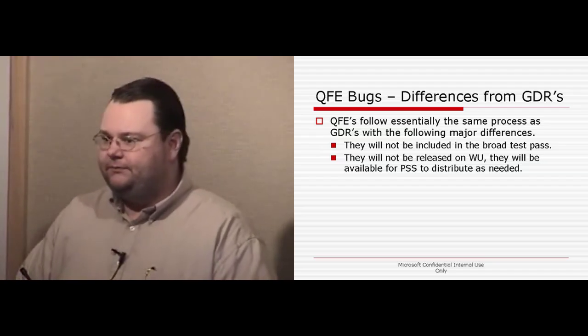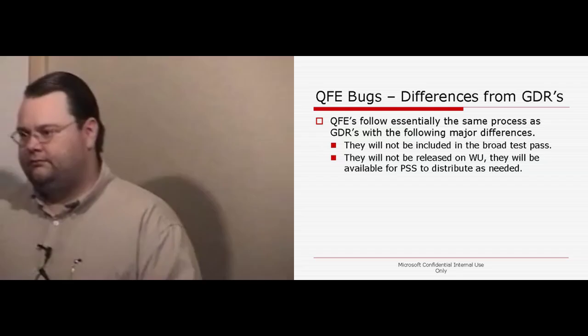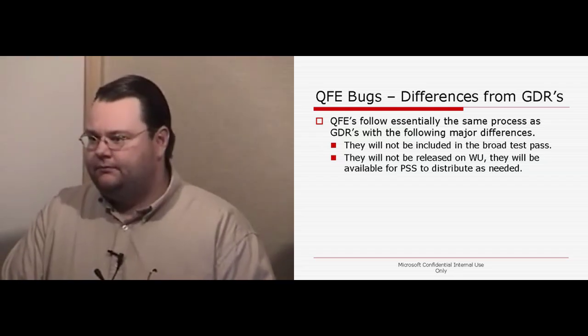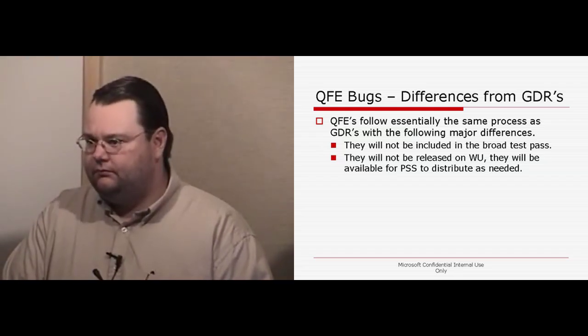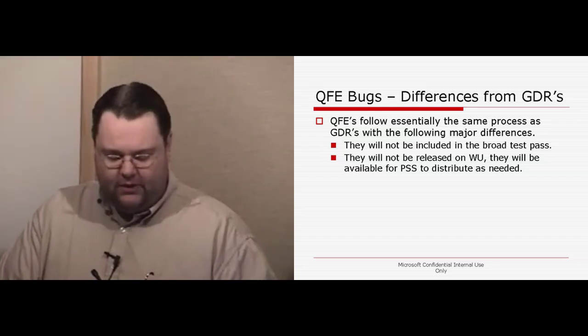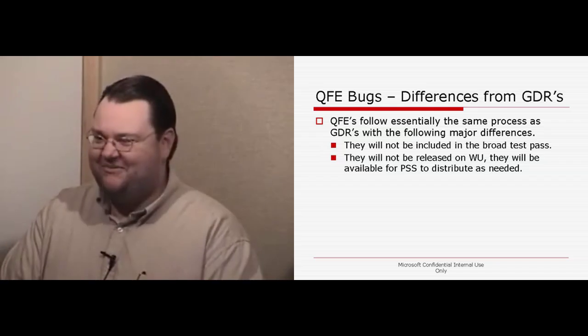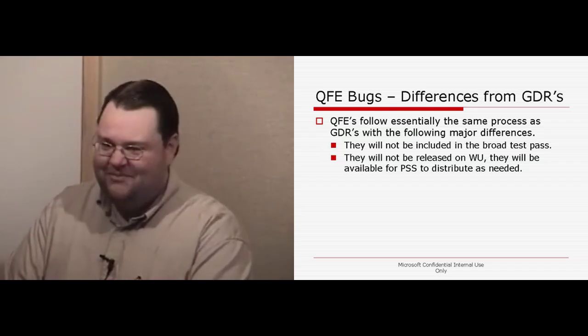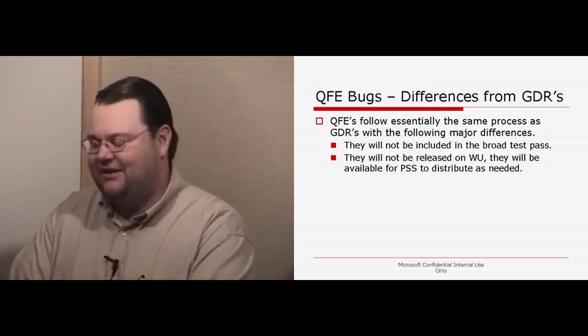We heard that in the war room it is decided which QFE should be included and which should not be. Suppose this is not included, then what will be the problem? That would be a breakdown in the process. But if that did happen, then yeah, the fix would get overwritten and the customer would lose the fix.